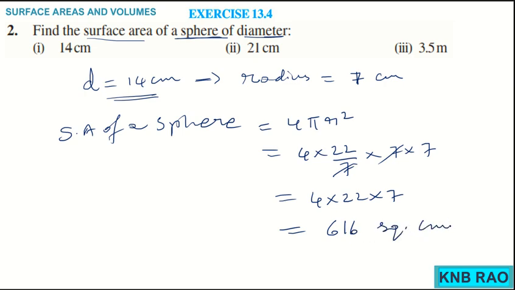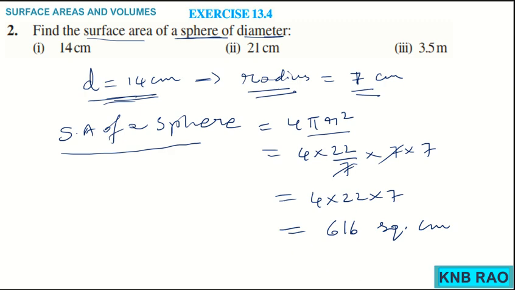This is one method, where we have diameter, from that finding radius and using that radius in the formula of surface area of a sphere, substituting it just in the place of r. So, here I have got, this is another way of doing it.